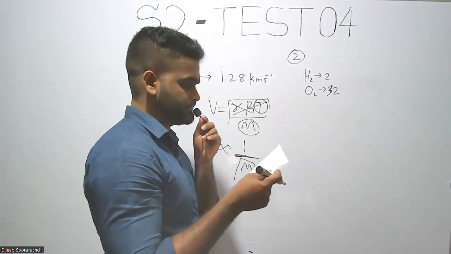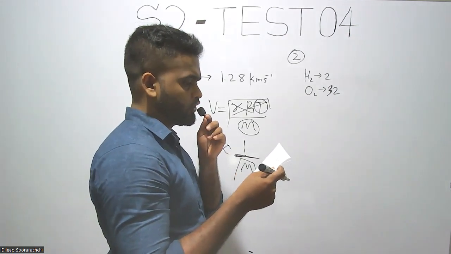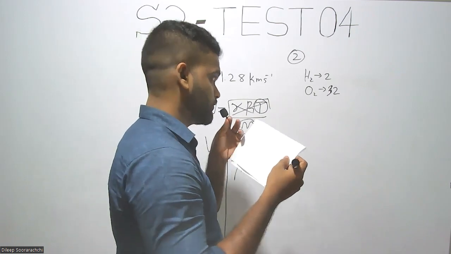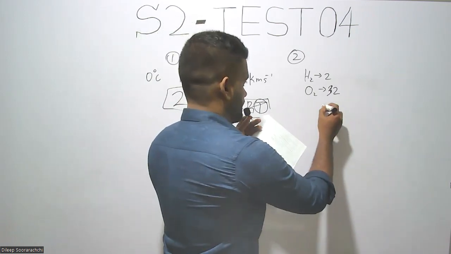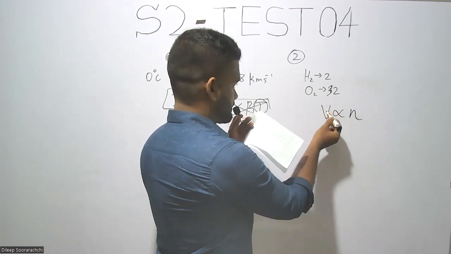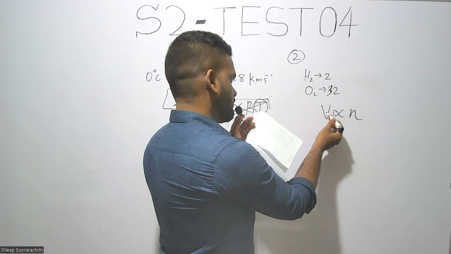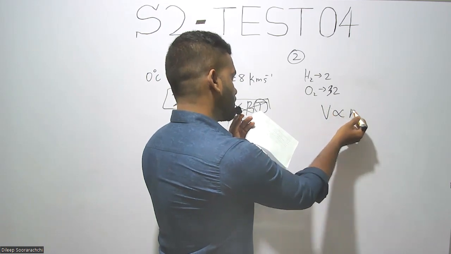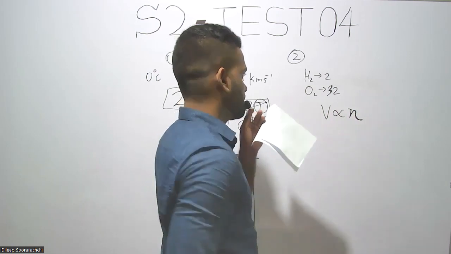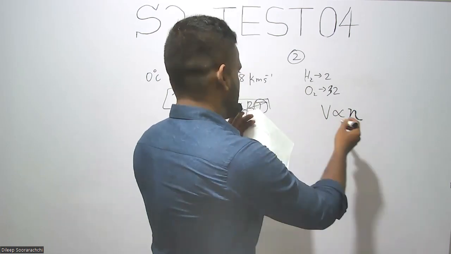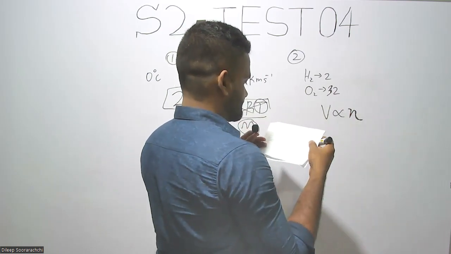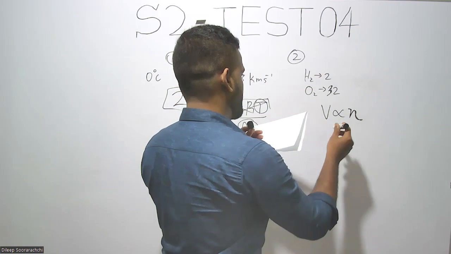They say volume ratio between hydrogen and oxygen is 4:1. So you should also know that if the temperature is constant, for example, the volume is proportional to number of moles. So that volume ratio is given as 4:1.